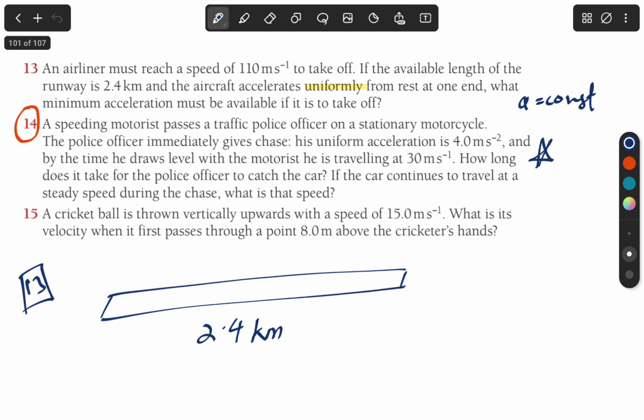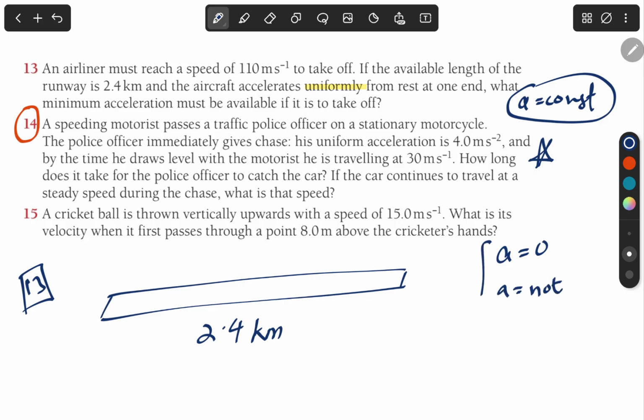So you always take the example of uniform motion, because if your acceleration is constant, that's good. If it is not constant, your equations of motion will deteriorate.